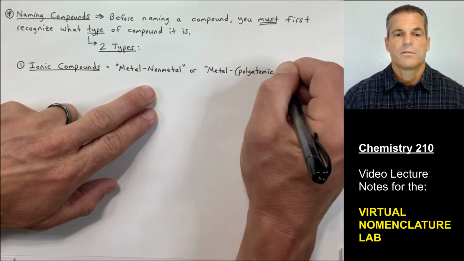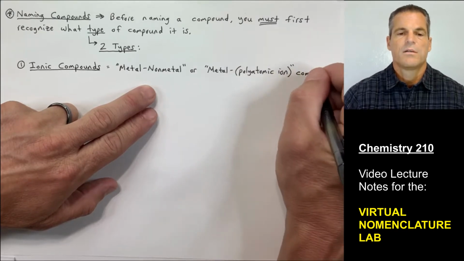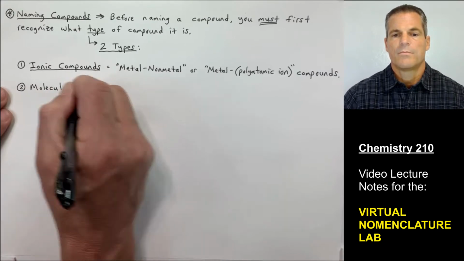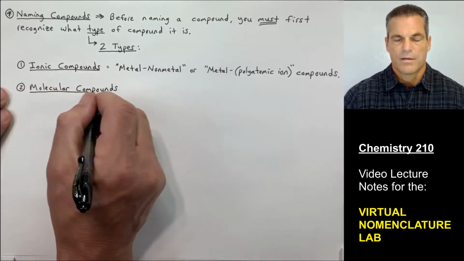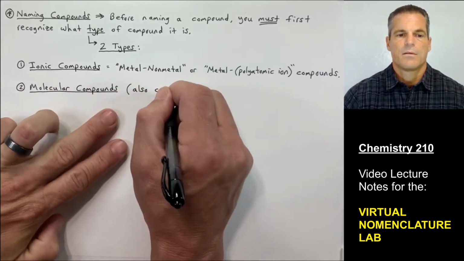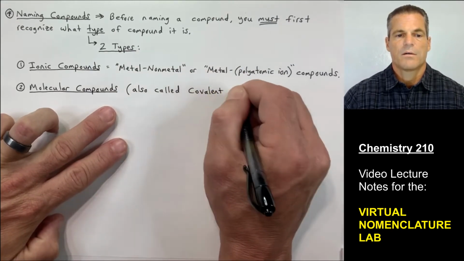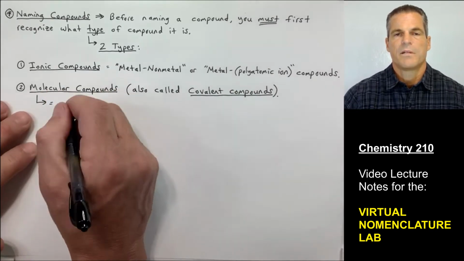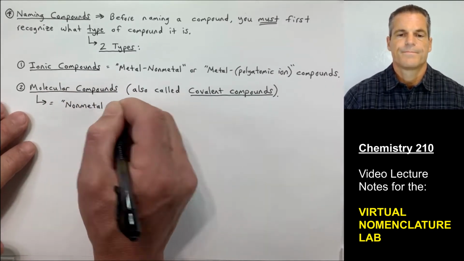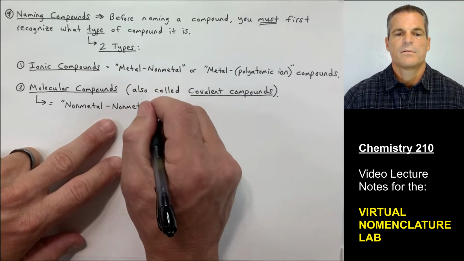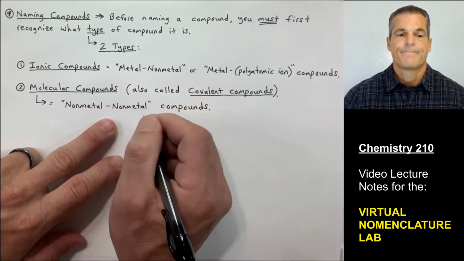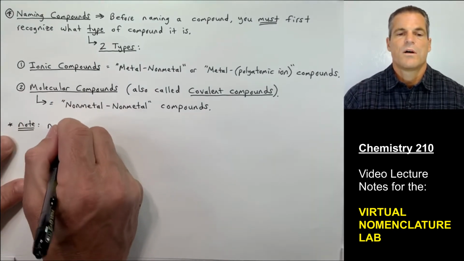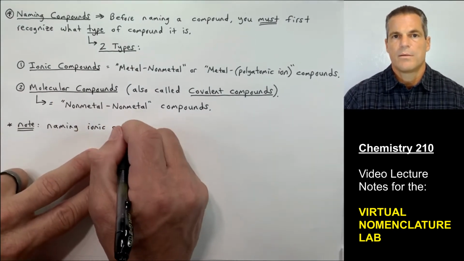Ionic compounds, in a very general sense, are metal, nonmetal, or metal polyatomic ion compounds. Second type of compound is molecular compounds, commonly called covalent compounds. So we have ionic compounds and we have covalent compounds. Molecular compounds or covalent compounds are generally non-metal compounds.